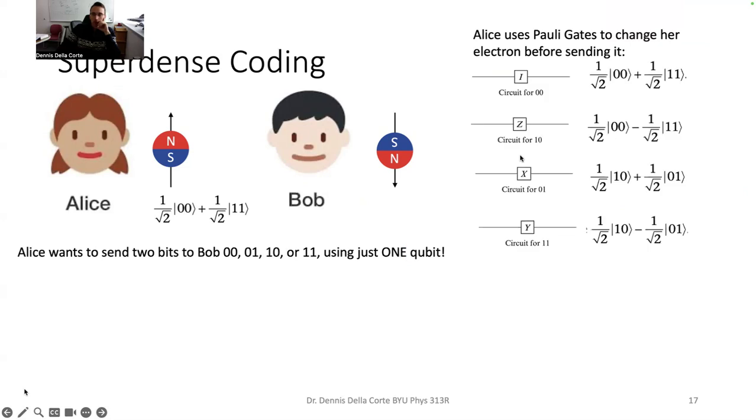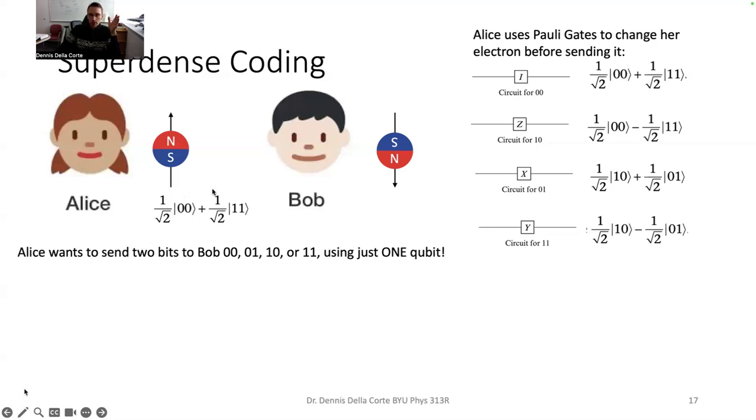So she has an electron and she's going to run it through a circuit, and she will either send it through the I if she wants to send the information 0 0, through the Z gate if she wants to send 1 0, and so on. So depending on which 2 bits she wants to share, she selects a specific Pauli gate, which will then put her qubit into one of these superpositions.